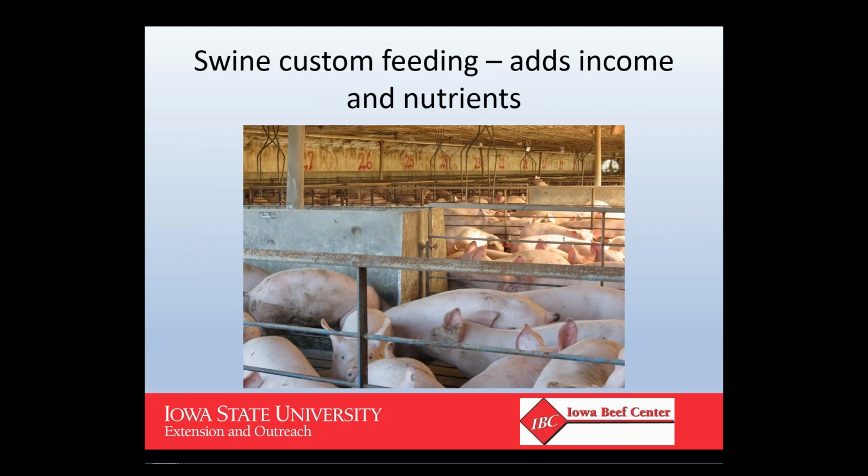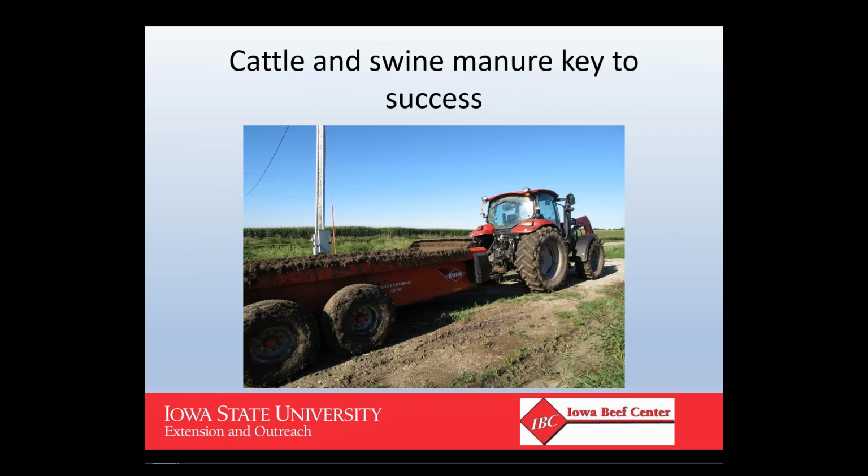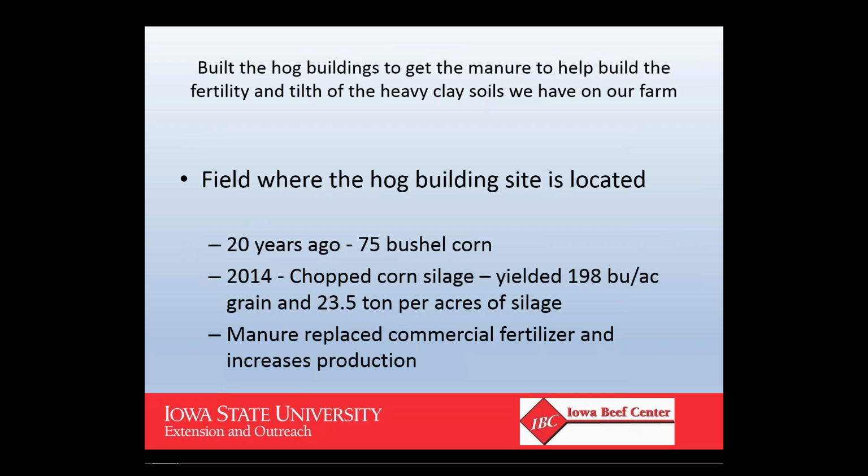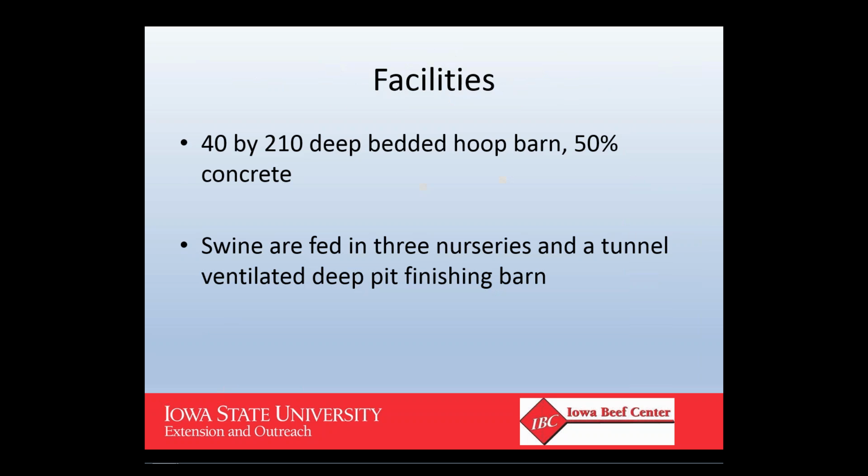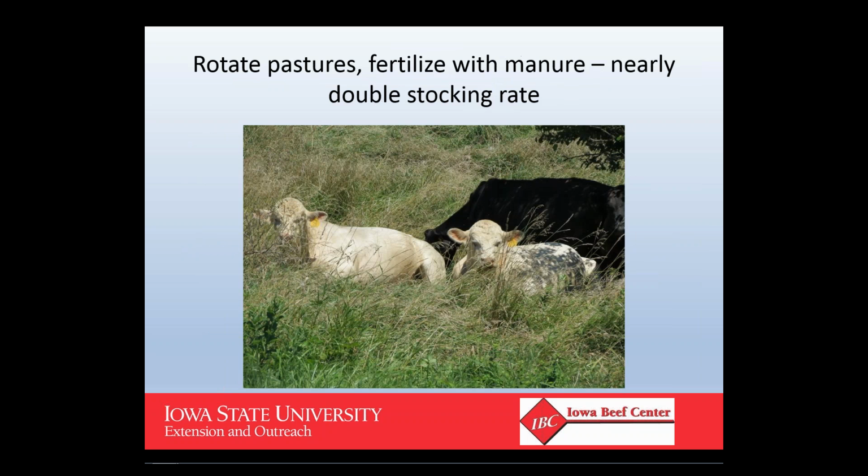When we moved on the farm 21 years ago, typical for southern Iowa pasture, we were probably over 3 acres to a cow-calf pair to get through the summer.